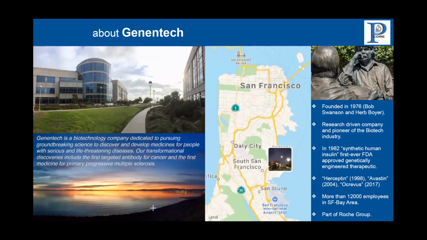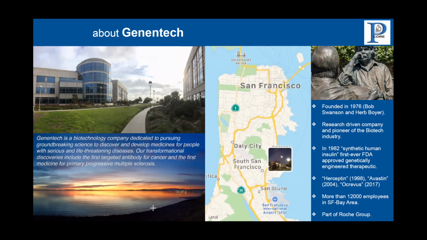Now, a little bit about Genentech. Genentech is a biotech company located in the San Francisco Bay Area, and you may even know it from the textbook in genetics, because Genentech is really the pioneer of the biotech industry. It made history in 1982 when it produced the first FDA-approved genetically engineered therapeutic medicine.